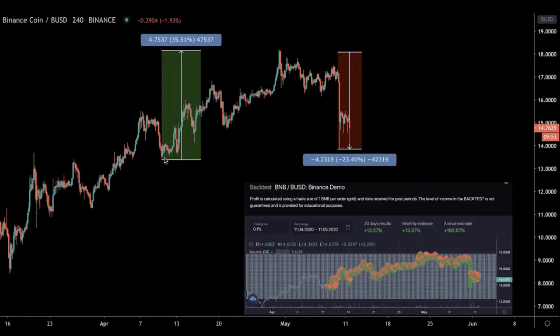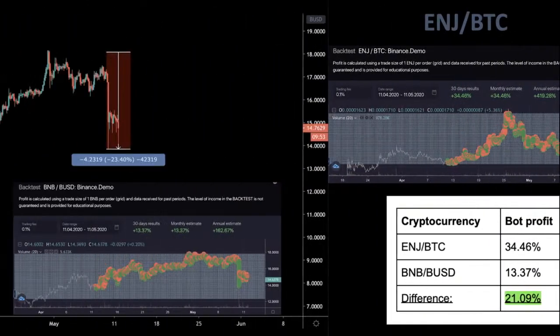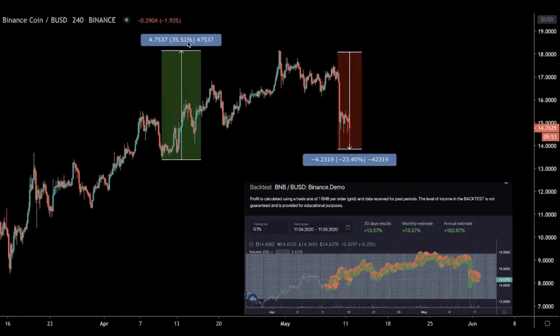You see that again from the 11th of April, from that point till that point, it was 35% of the price appreciation, and then a consequent drop down, minus 23%. And within this period of time, the bot, if I would initiate it, would accumulate 13% in the quote currency.